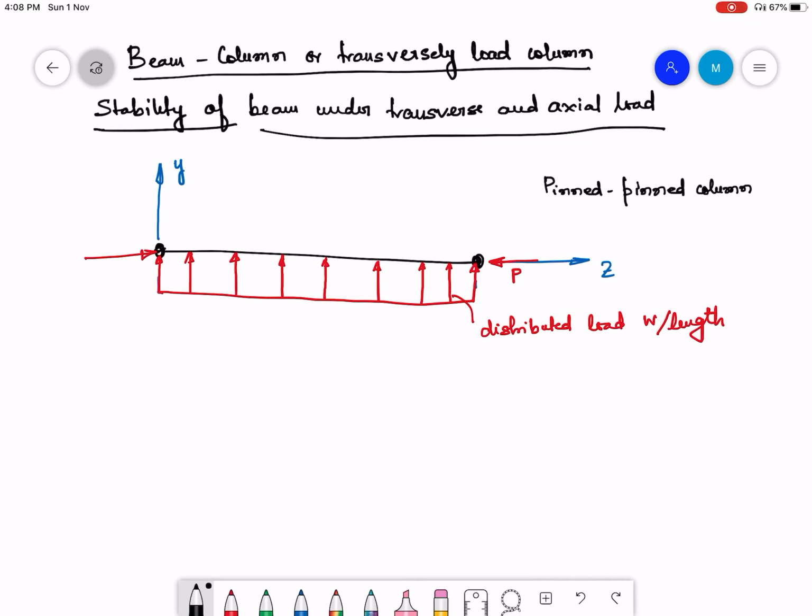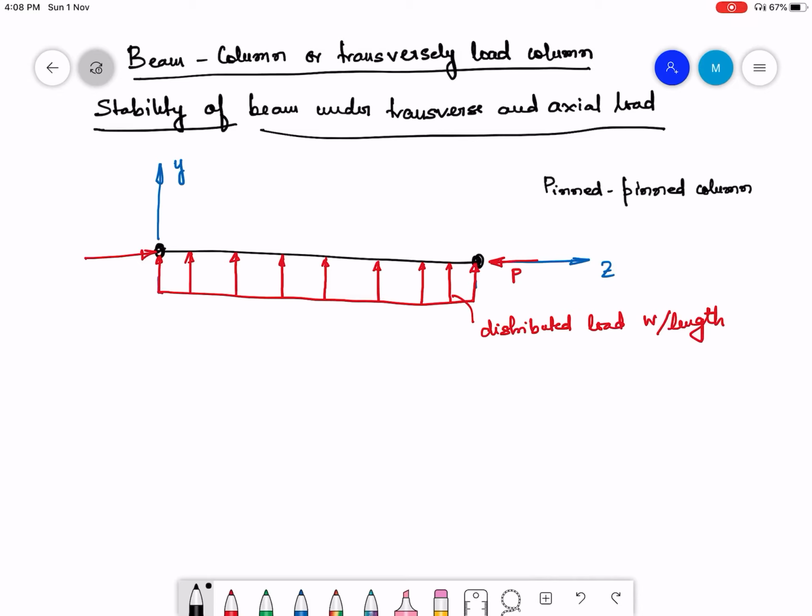Whereas in the imperfect column with this initial deformation, the column starts bending as soon as any non-zero axial compressive load P acts on it, and this deflection becomes large as P approaches the P critical for the column.